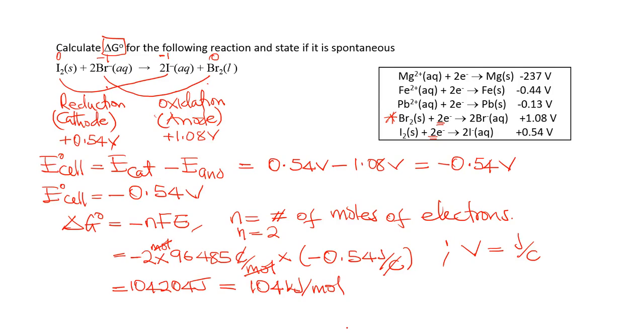So that is our delta G of this reaction. Now, if you look at the delta G is positive. So since delta G is positive, the reaction is non-spontaneous.